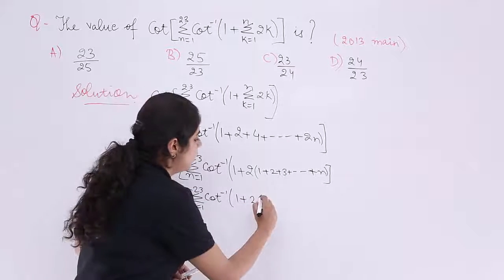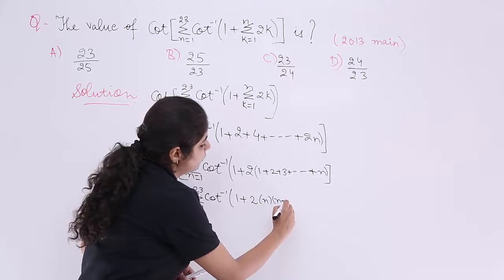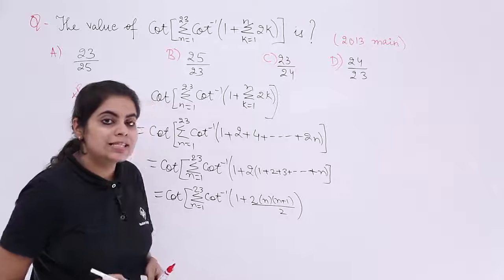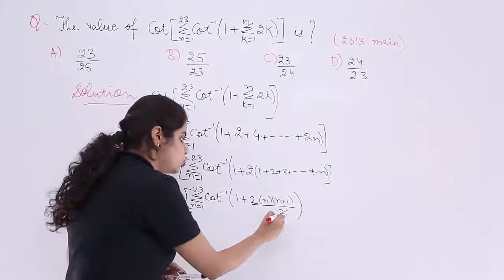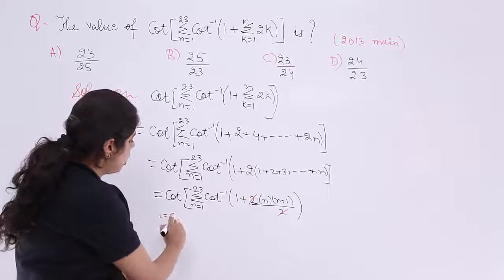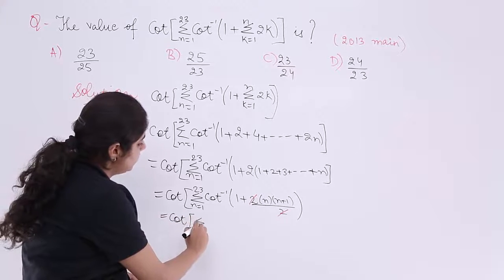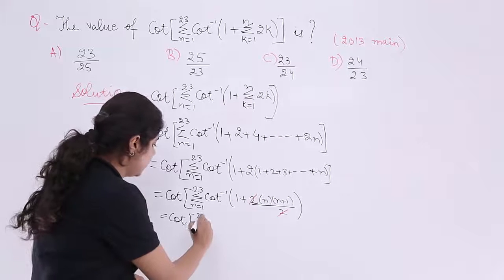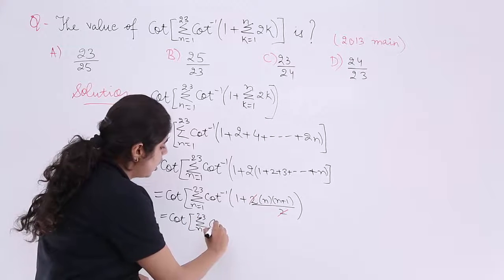It is n into n plus 1 by 2. Some things get cancelled, yes they do, 2 and 2 gets cancelled. So, it is basically what? It is cot summation n is equal to 1 to 23, which I will be making it more clear, cot inverse.